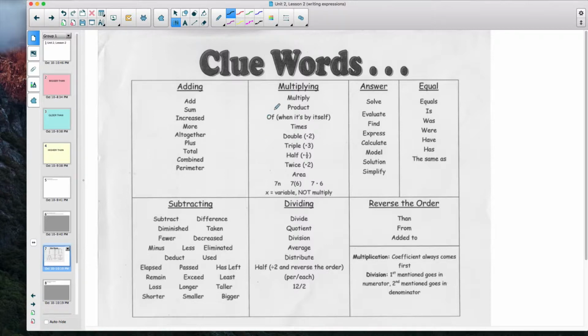It has a lot of good clue words that tell you what operation we're dealing with. We'll point out a couple of these as we go, but I would either print this out, pull it up on your screen, or write it out. I can even provide you a copy if you don't have a working printer at home. It's a great resource to have, so consider using it.